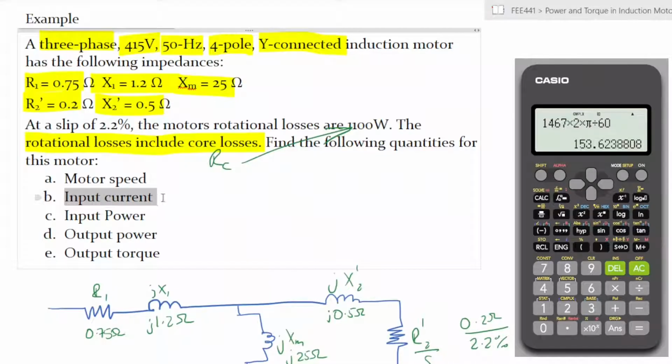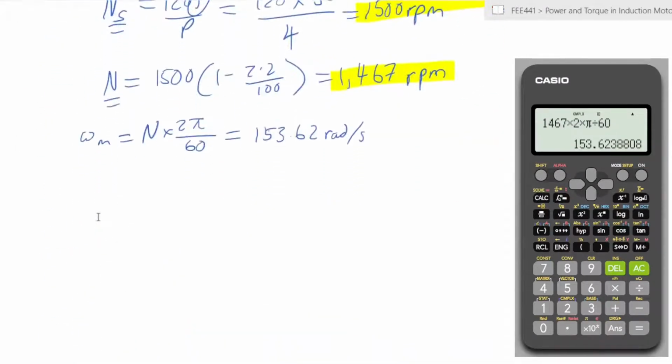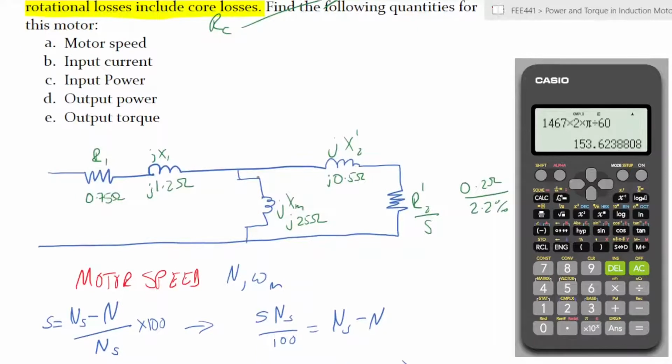So input current, we will look at it from the point of view of the supply. So we have number 2, input current. Okay, so how do we get input current? Now when we look at our supply here, our supply input current is I1, which is there. Now we will also have IM, sorry, and you have I2, okay?